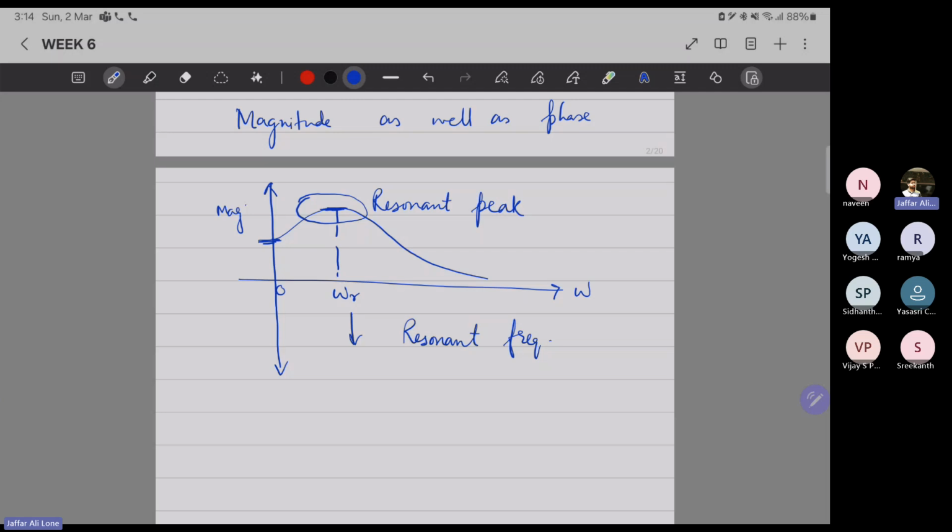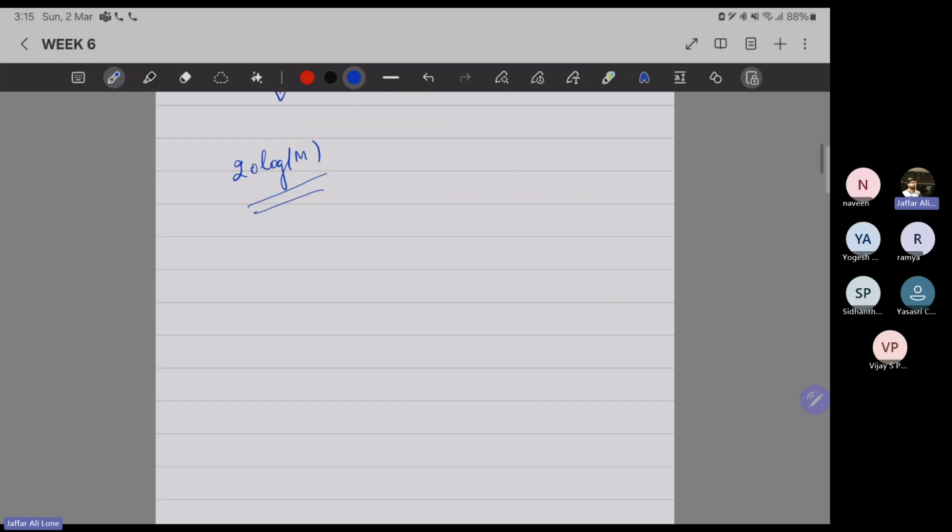If I have a magnitude and want to calculate it in decibels, I multiply by 20 log of that magnitude value. So basically you have these parameters like resonant peak, resonant frequency, bandwidth, etc., and all of them have specific formulas. I'm not going into the derivation, but I'm just recalling the formulas.